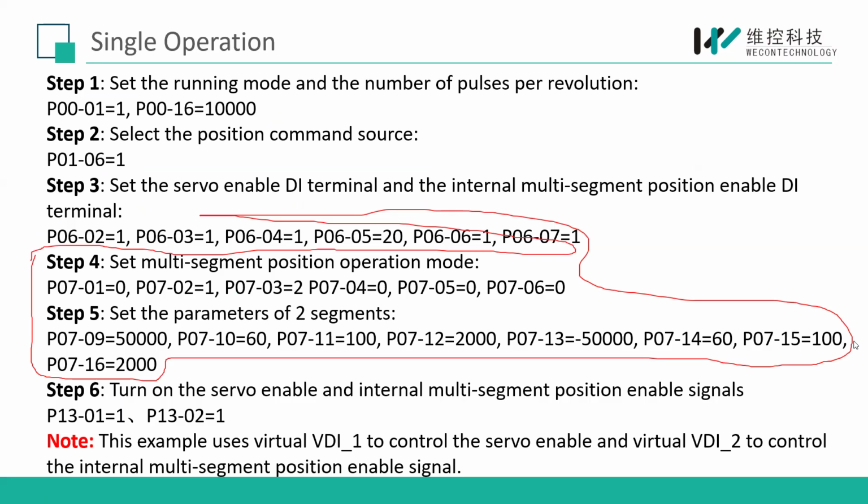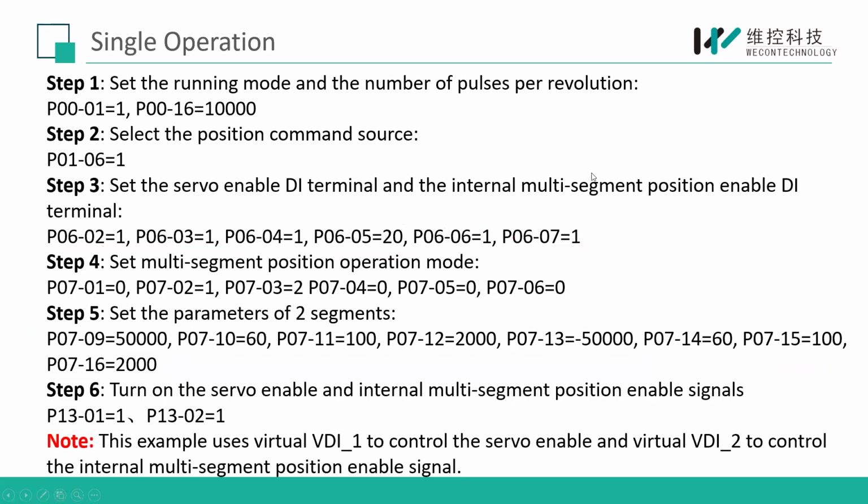But as I said, if you are using hardware inputs, you don't need to do step 6. You can directly use PLC outputs to enable the servo. Do you have any questions about this parameter setting? If no questions, I will continue to the next part, cycling operation.